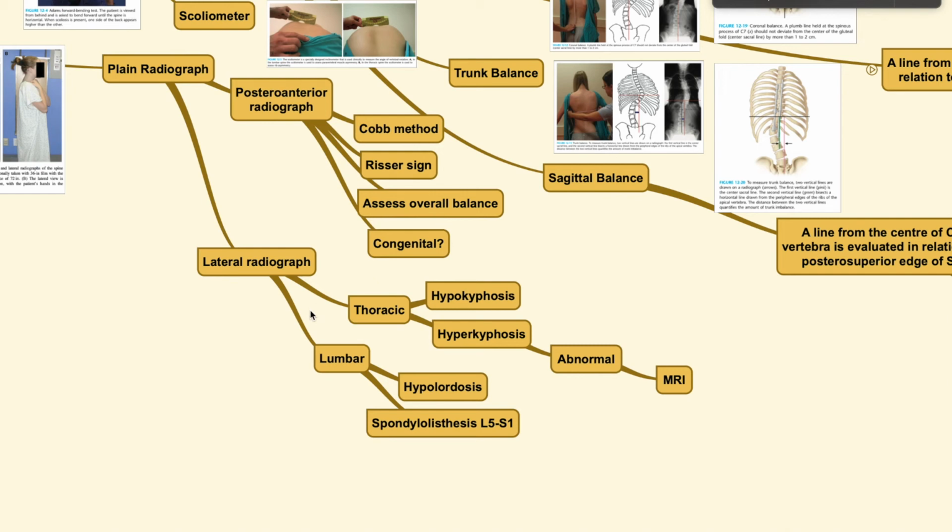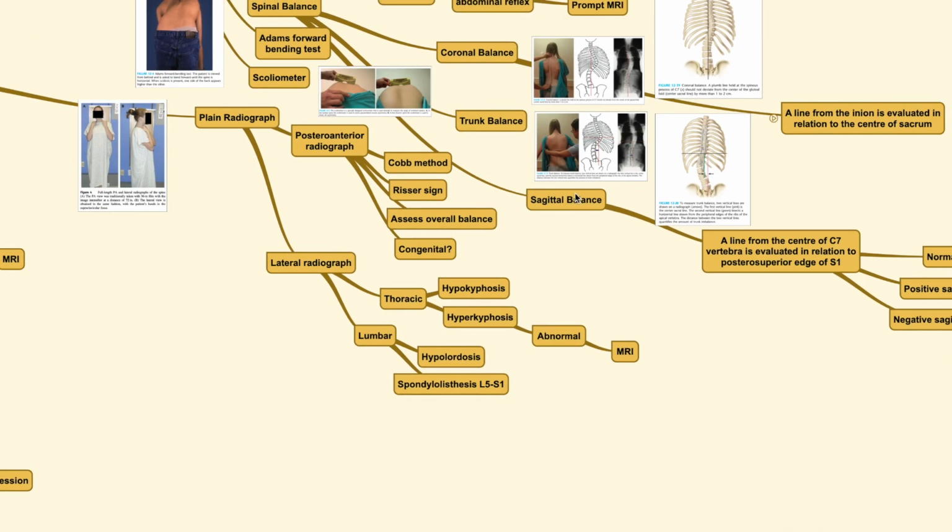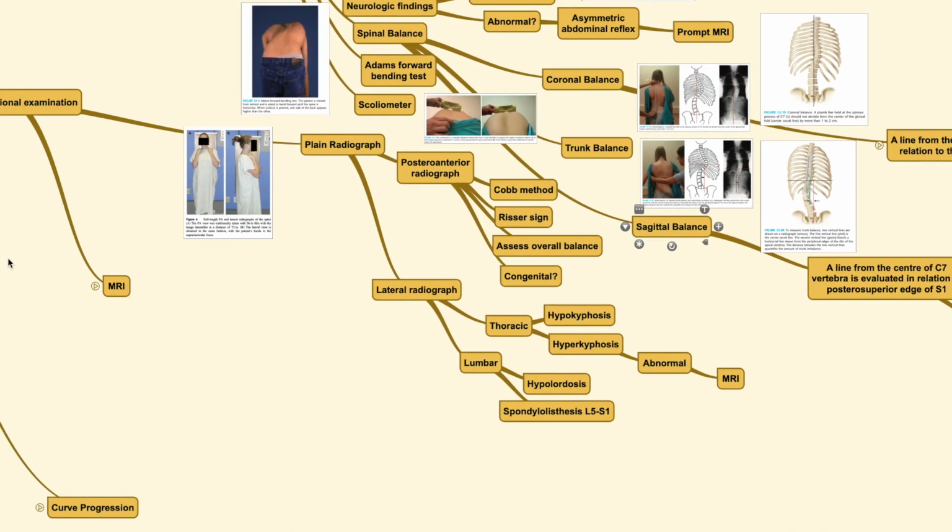From the lateral radiograph, in the thoracic spine it could be a hypokyphosis or a hyperkyphosis condition. For the lumbar view itself, you could evaluate for evidence of any hypolordosis or even spondylolisthesis of the L5-S1 due to the disruption of the sagittal balance.